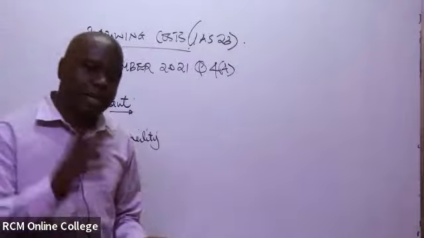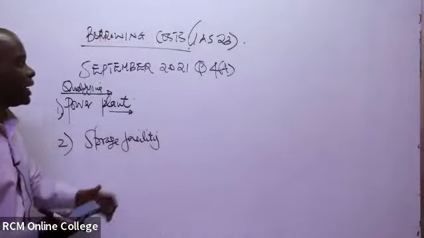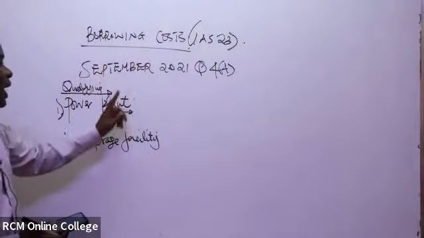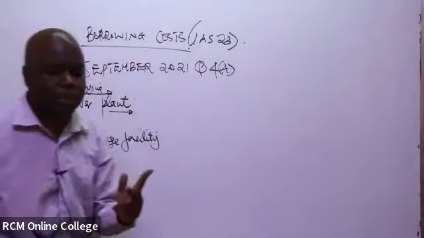So if in any case there is a borrowing and a cost has been incurred and a qualifying asset has been financed by two loans, you have to determine the capitalization rate.